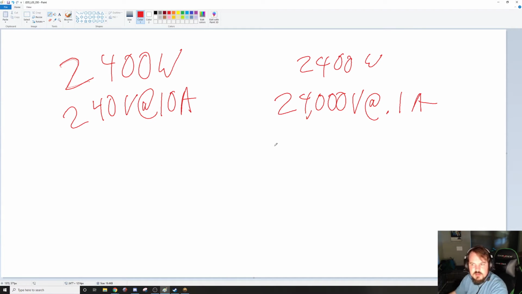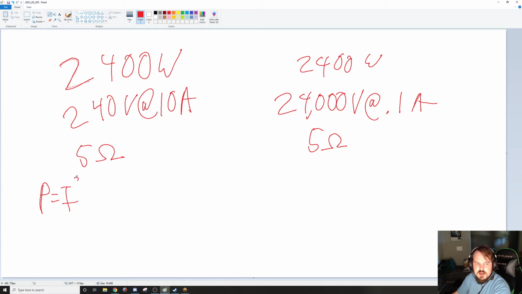the formula, if we had a piece of wire that was, let's say, 5 ohms. Same piece of wire, same 5 ohms. Well, the formula is P equals I squared times R. That is the power loss formula. We've dealt with it a lot in AC and DC theory. Let's move that, put that in the middle.